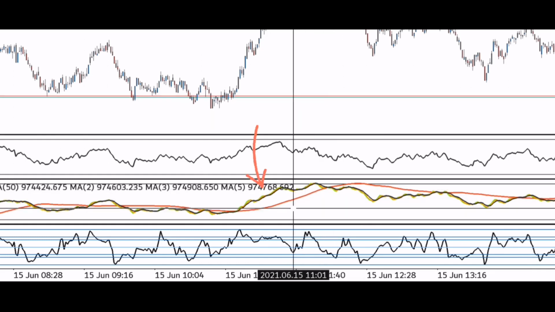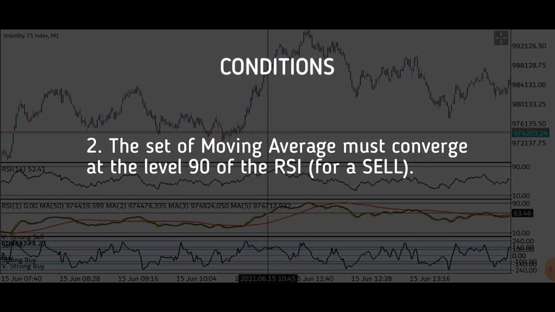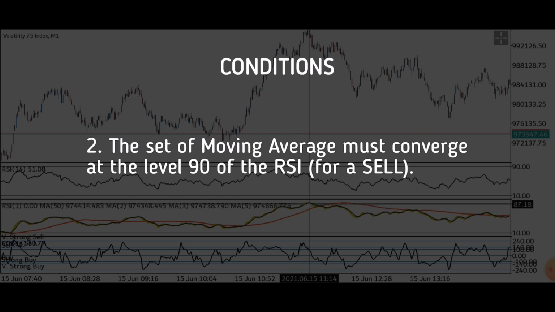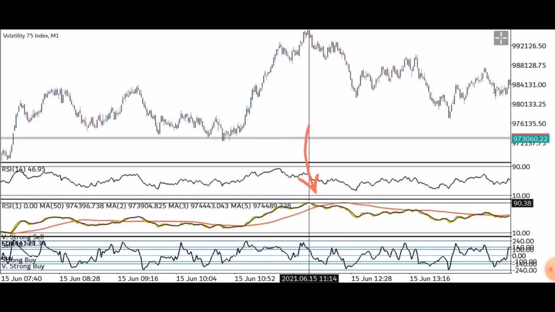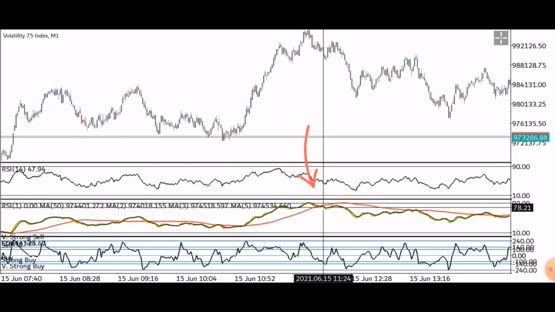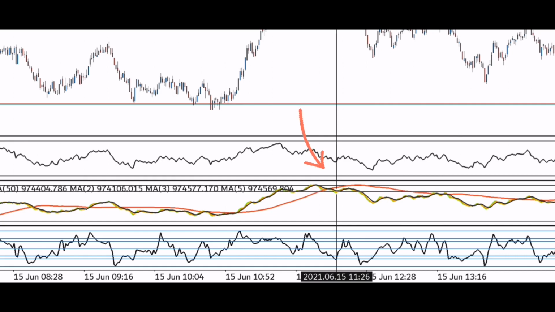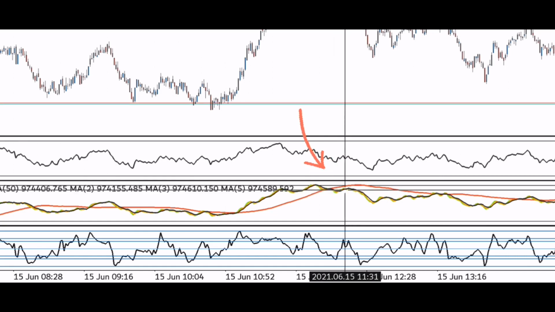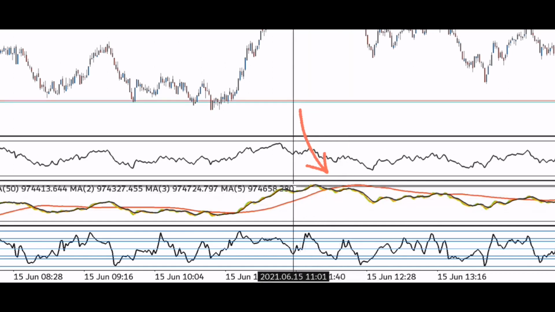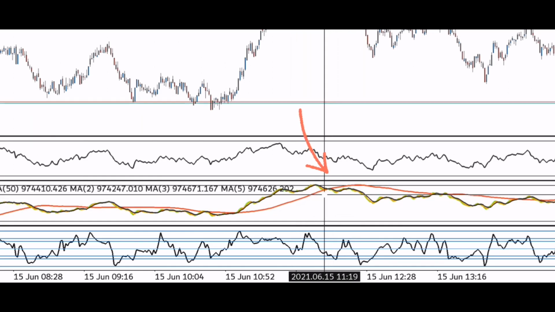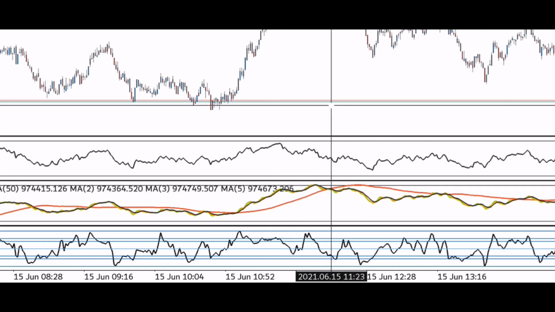Now, the condition states that the set of moving averages must converge at the level 90 of the RSI, and your entry point should be between when it converges and when there is a cross between the small moving averages and the moving average 50, and finally when there is a retracement. So that's the condition. Now I'm going to walk you through that, and you're going to see how many pips you could actually get with all of these conditions.